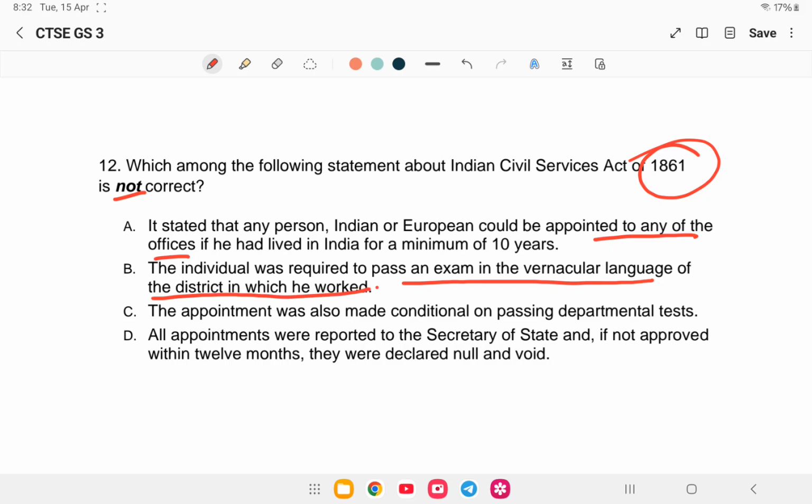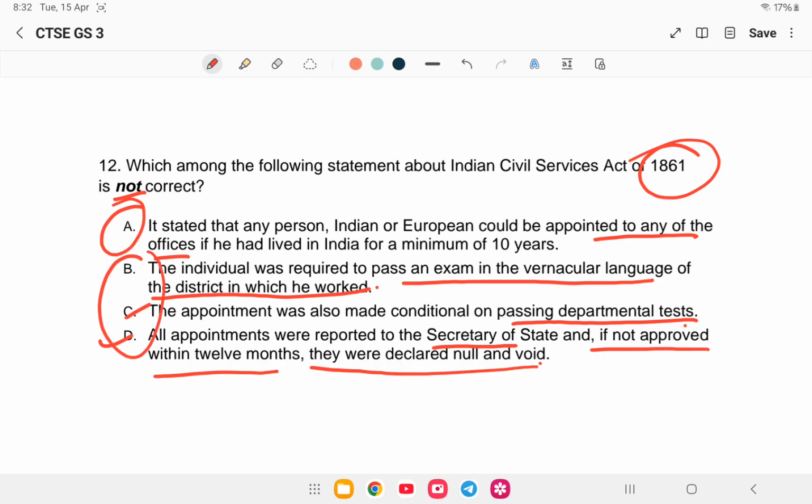The appointment was made conditional on passing departmental tests. All appointments were reported to the Secretary of State, and if not approved within 12 months, they were declared null and void. So B, C, and D are correct. Only A is not correct, that is, any Indian could not be appointed, only after passing the entrance exam.